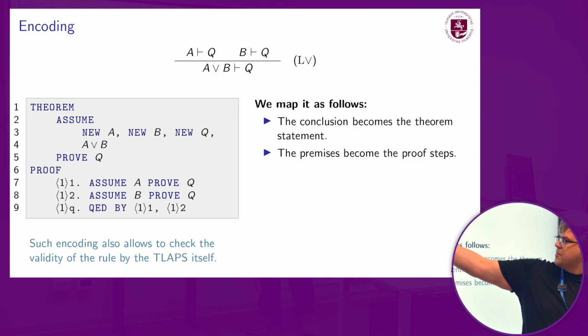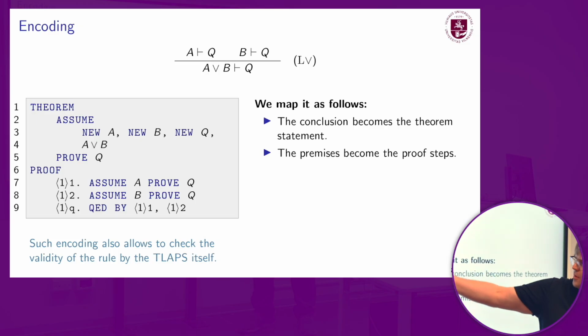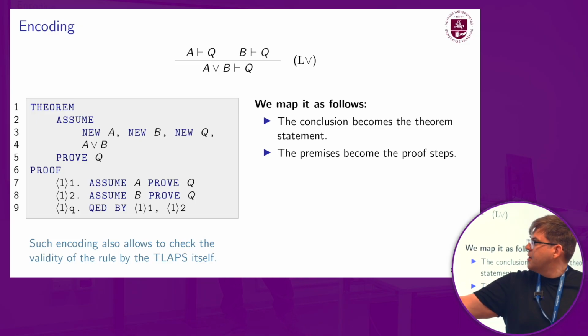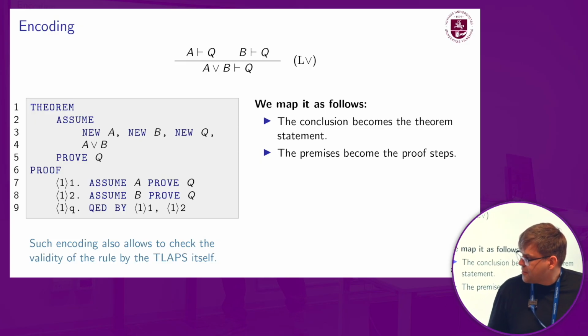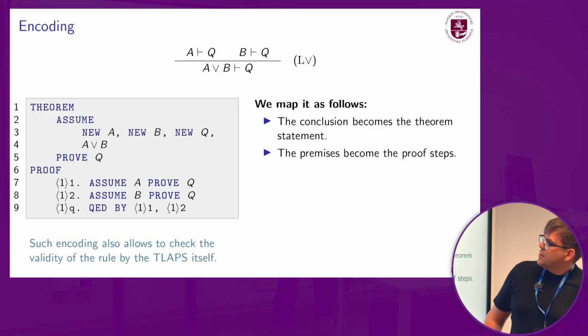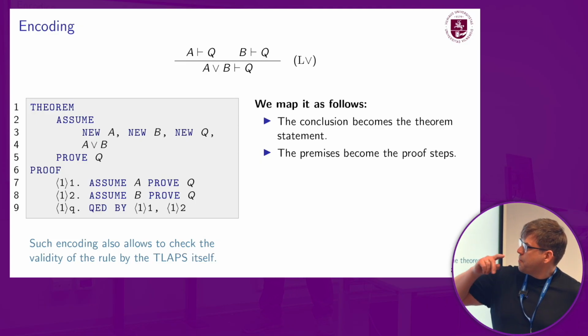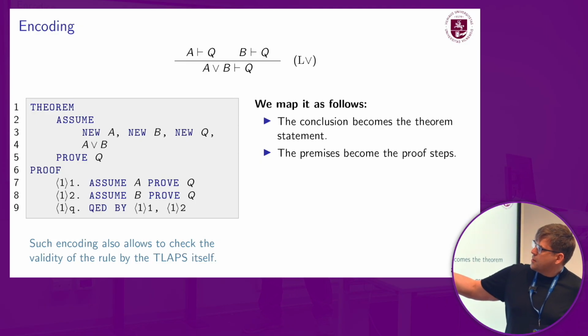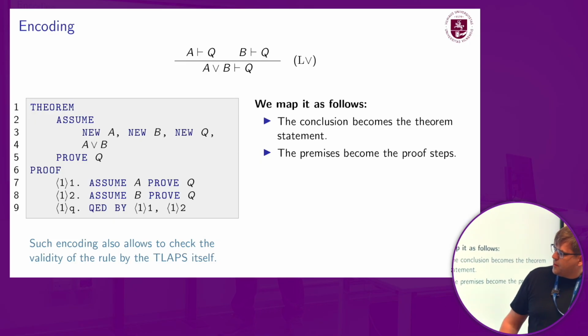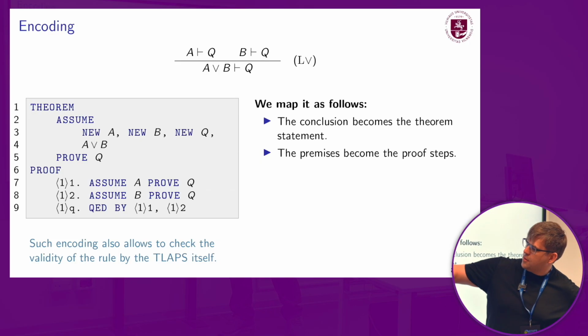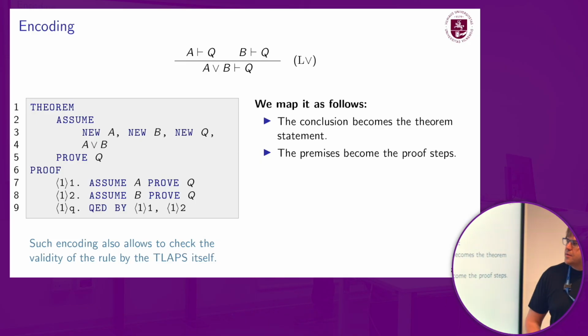So we have the hypothesis here, A or B, it becomes the hypothesis here. We have the goal Q here, it becomes Q here. The remaining part of the rule is the upper part, the premises. They have to be translated to the proof steps in the proof itself, not in the theorem statement.